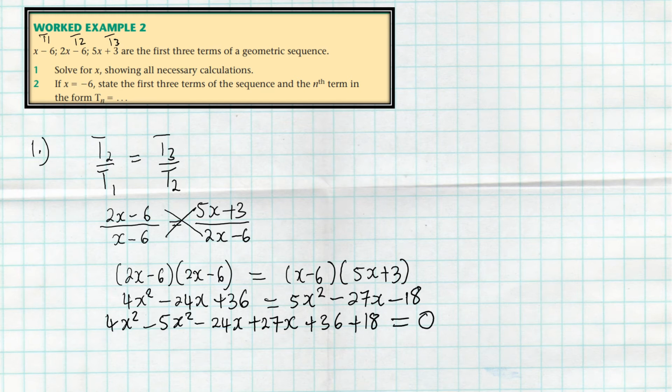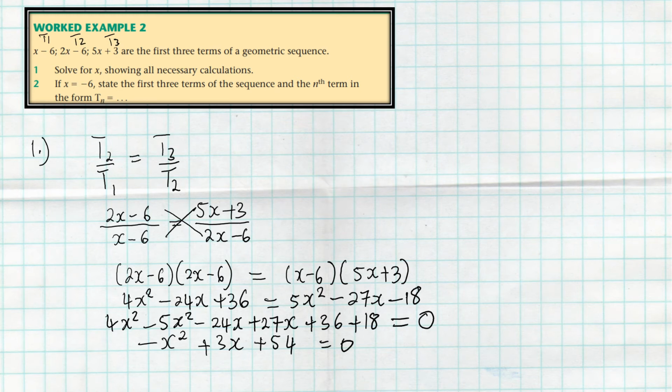Therefore we'll be left with 0 equals minus x squared plus 3x plus 54. Minus 24x plus 27x is positive 3x, and 36 plus 18, I think it's gonna give us positive 54, being equated to 0.